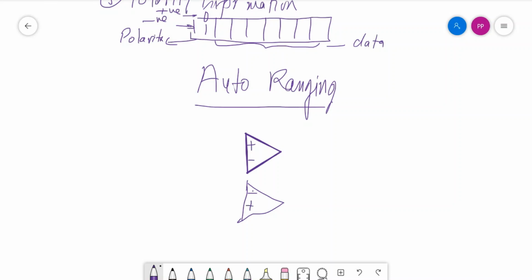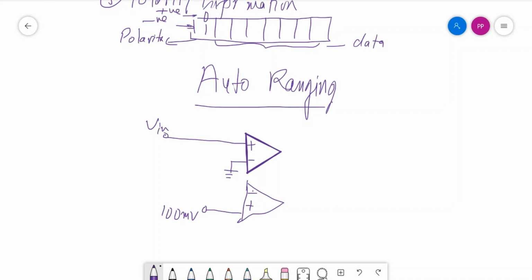Please be careful about the sign. This is the non-inverting input where we are applying a V in whose range has to be detected, and the inverting input is grounded. Then the non-inverting input of the second op amp is supplied with the fixed voltage, which is basically the upper end of the given range.